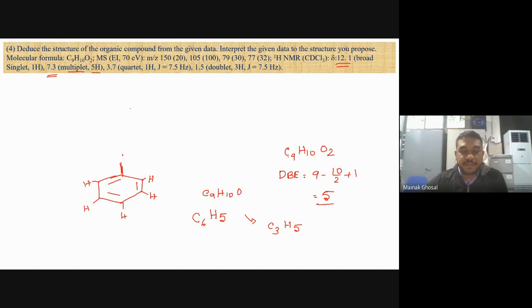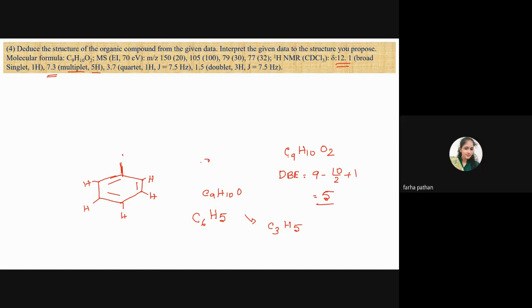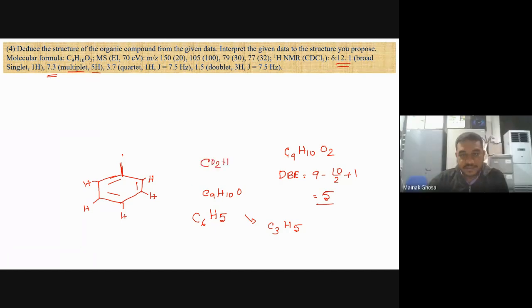What could it be? It could be an acid, exactly, CO2H. So you have taken CO2H from here, and you are left with C2H4. Only the C2H4 part is left. You need to find it out.